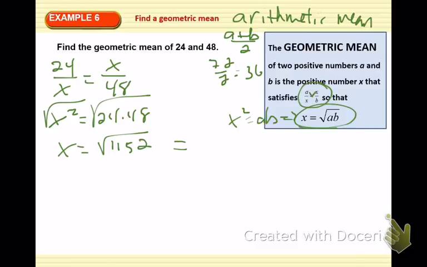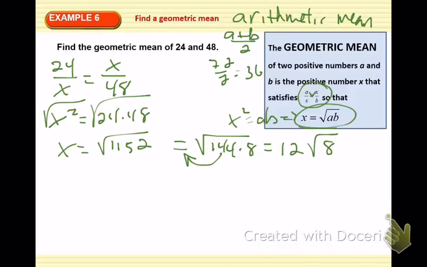Now, you can just start trial and error. 1152 divided by, let's try 144. When we do that, it will go into it 8 times. So I can rewrite this as 144 times 8. Now the reason why I do that is because I can square root 144 and get 12, and when I do that, 12 comes outside the radical. And I'm still going to have 8 in.